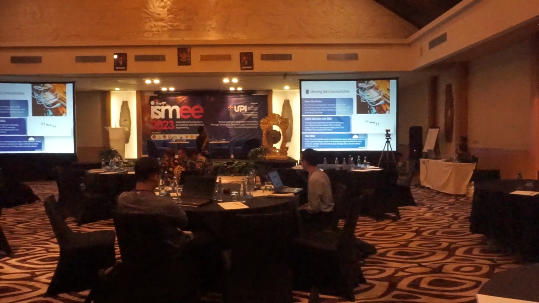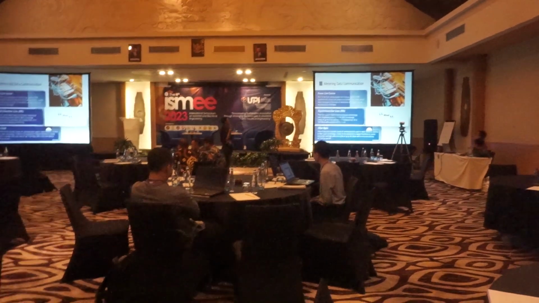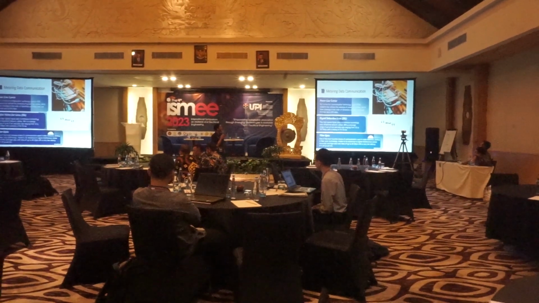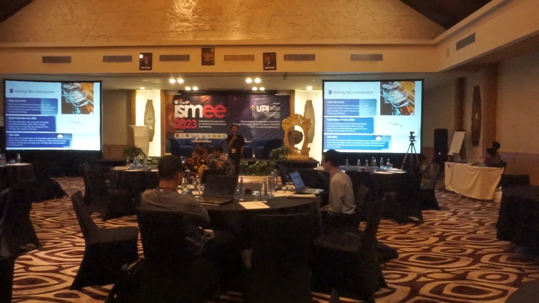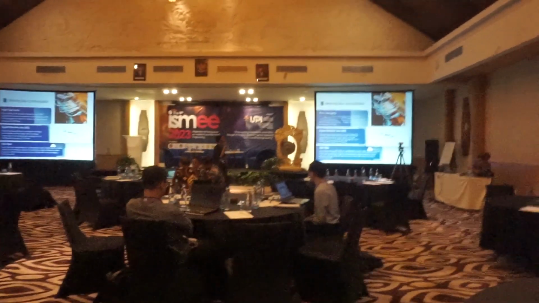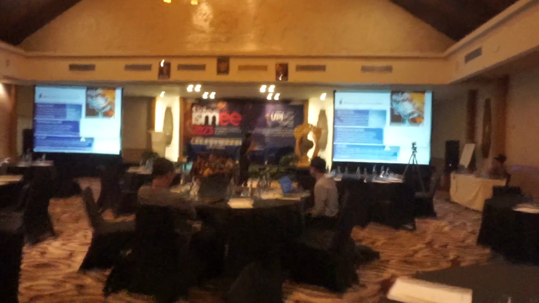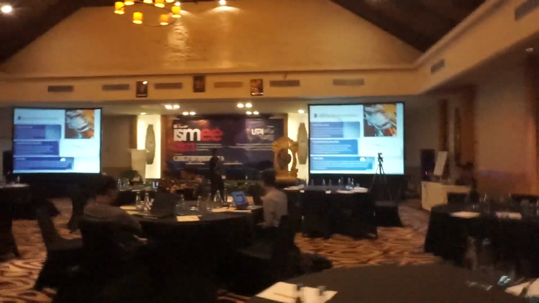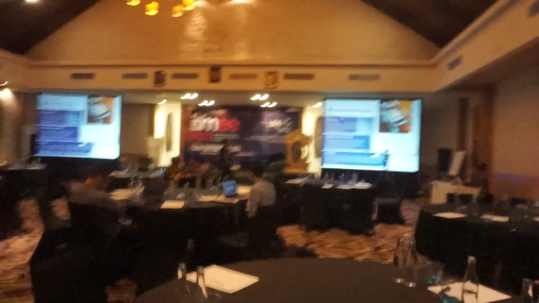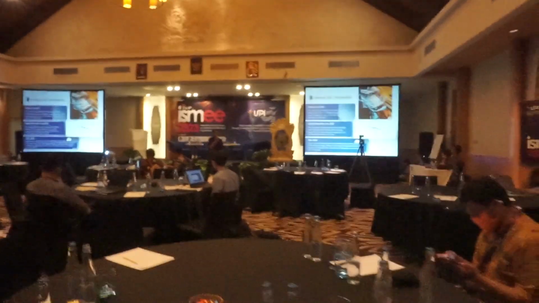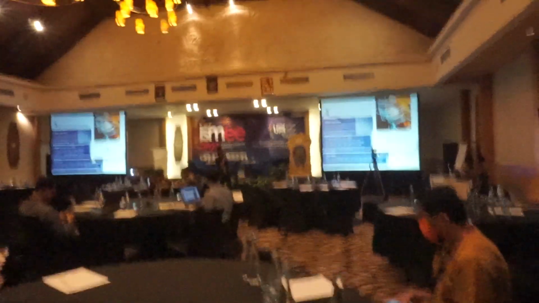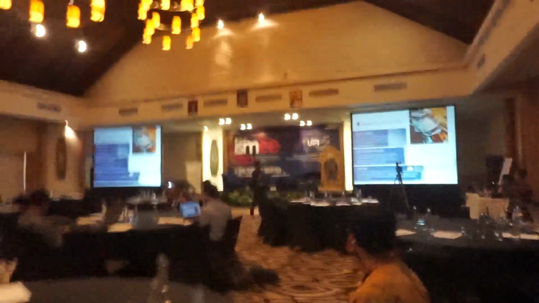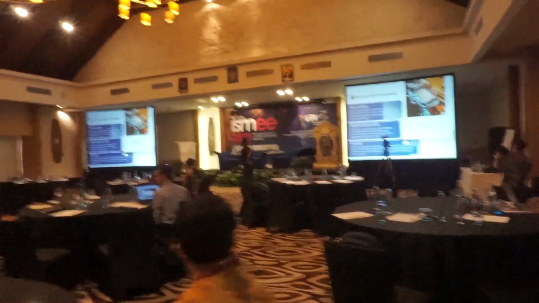And the next one is metering data communication. Metering data communication we categorize into two types of communication: wired and wireless. And we have three types of wired communication here.